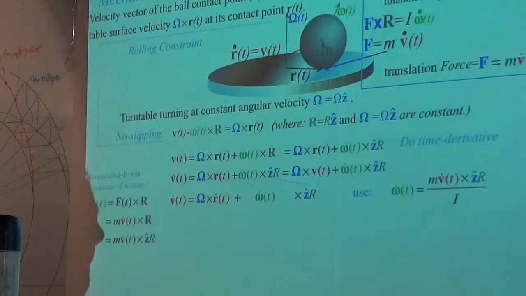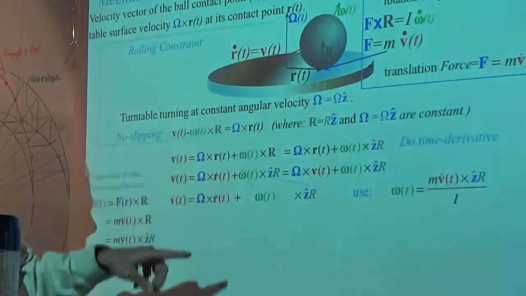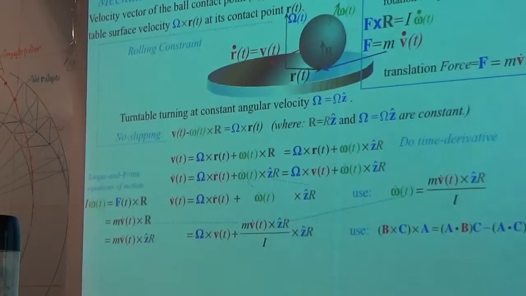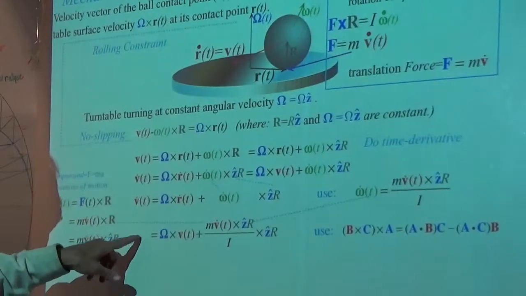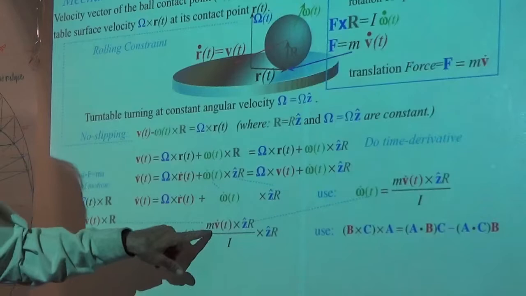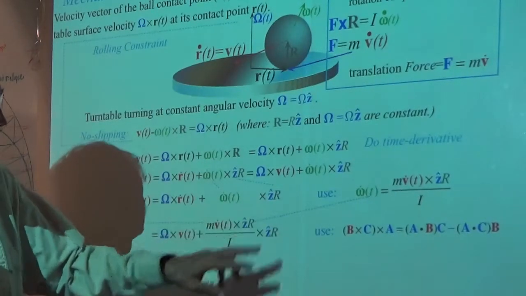I'm going to write this as it was written up here. And finally we get that the acceleration of v is equal to omega cross v plus this omega dot crossed with the z-axis.